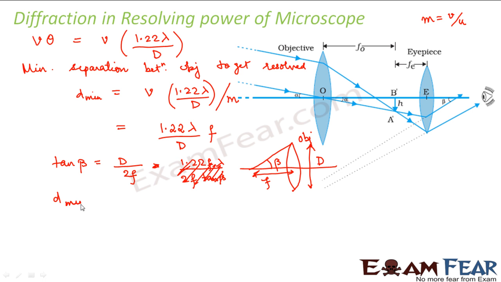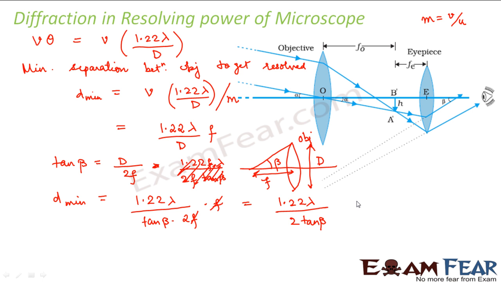Therefore, D minimum can be written as 1.22 lambda divided by tan beta into 2F into F. So this F and F will get cancelled. So this is 1.22 lambda divided by 2 tan beta.